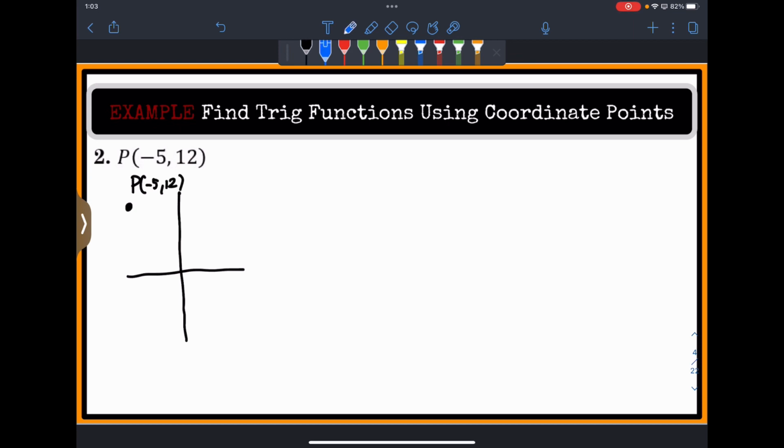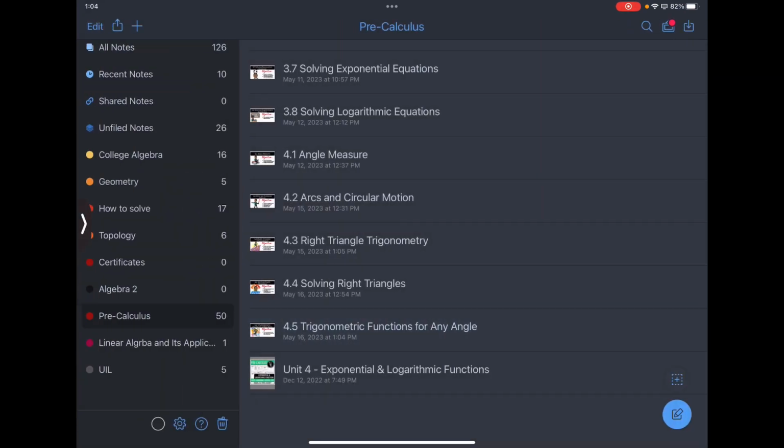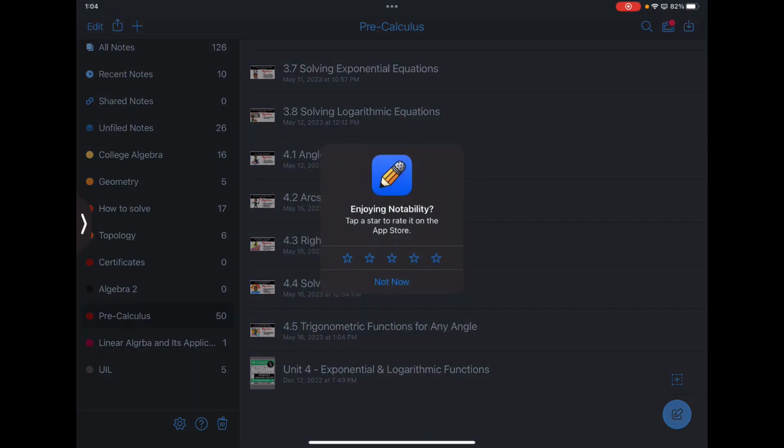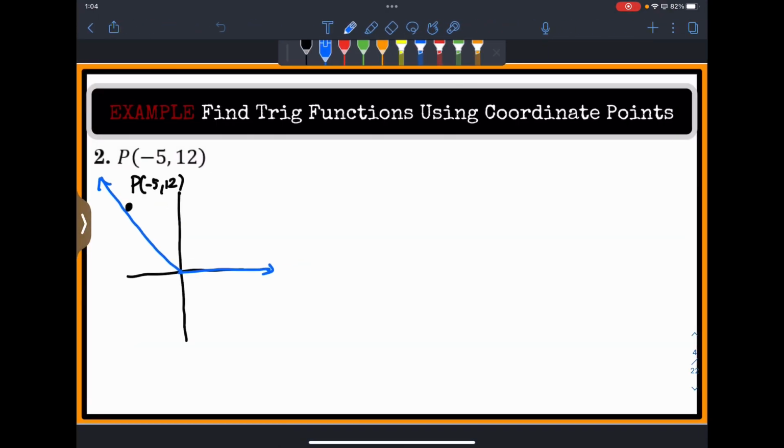And if that's supposed to represent, again, a point on the terminal side of some angle, okay, let me move that. That is not drawn nicely, okay? So here we have point P. And this is going to be our angle. So we want to find the 6 trig functions of this angle theta.